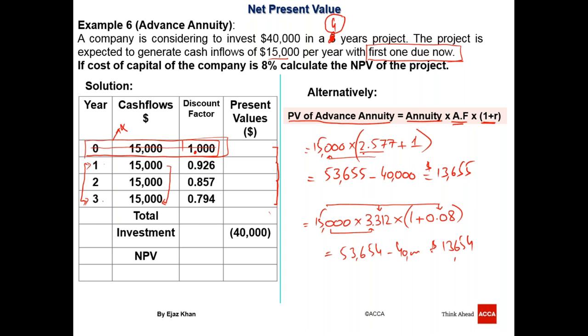The other is just picking up 3 years annuity factor and add 1 and multiply it with 15,000. And in the third approach, you just need to write the annuity figure, 15,000, pick up the annuity factor for the project life, that is 4 years, and then multiply it with 1 plus R, that is the discount rate.